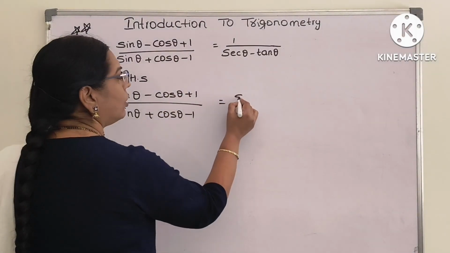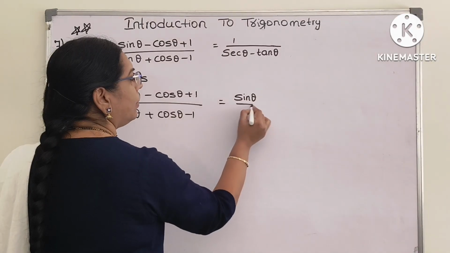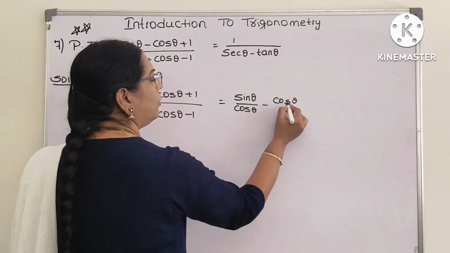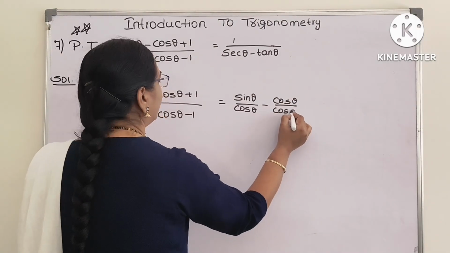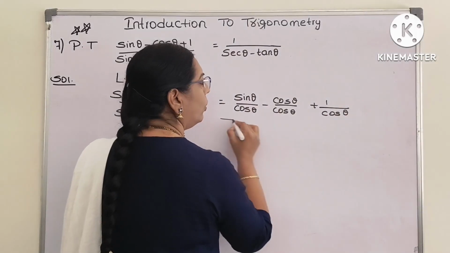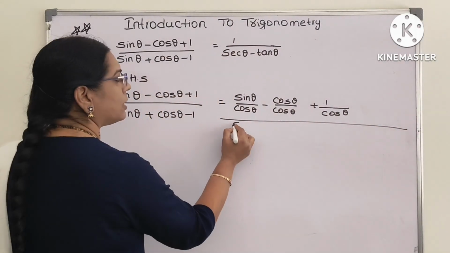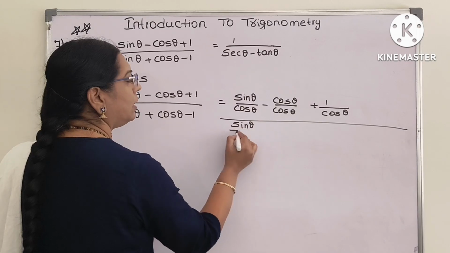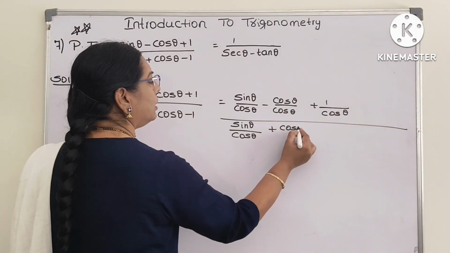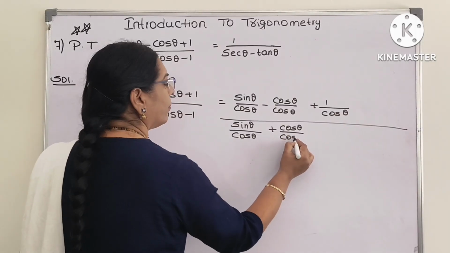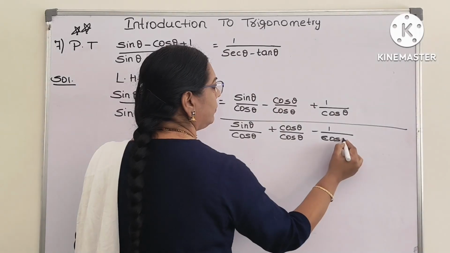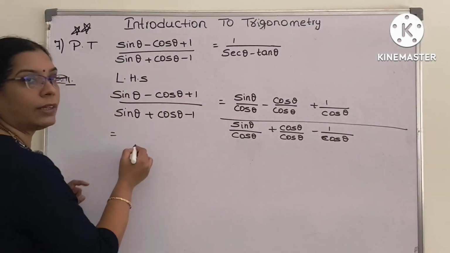So it will be sin theta by cos theta minus cos theta by cos theta plus 1 by cos theta, whole divided by, repeating the same process, sin theta by cos theta plus cos theta by cos theta minus 1 by cos theta.